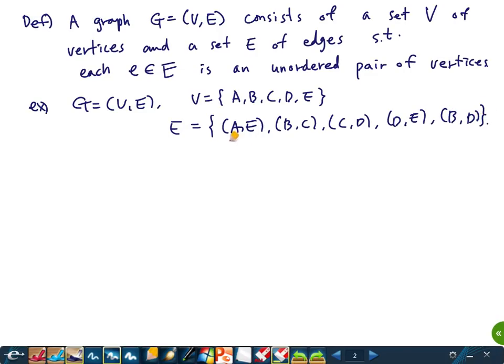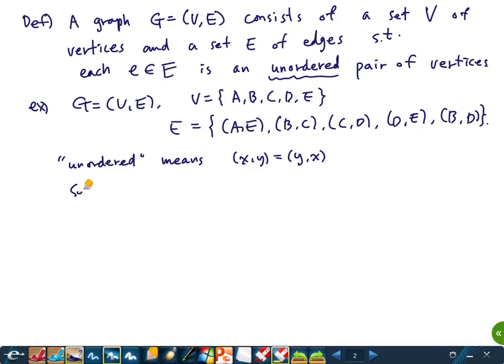So it's like a set of elements, and each element is a pair of vertices. Here I said unordered. Here unordered means we don't really care about the order of the two elements in a pair. Unordered means xy is considered to be the same as yx. So we don't really distinguish between b comma d and d comma b because unordered. They don't really have order there.